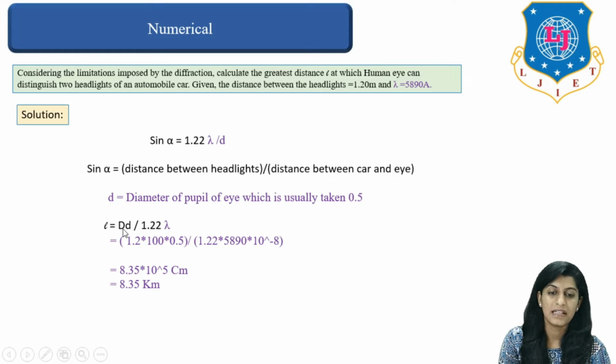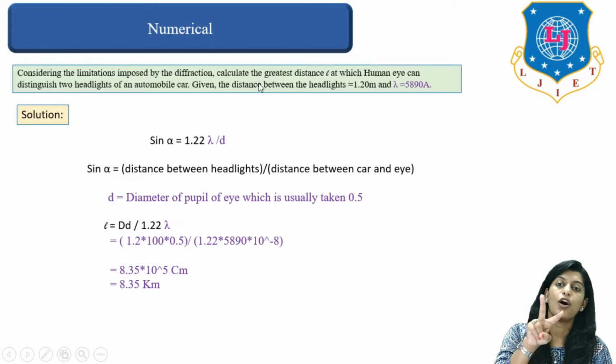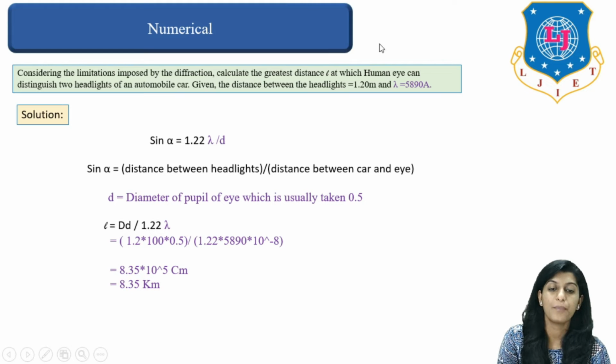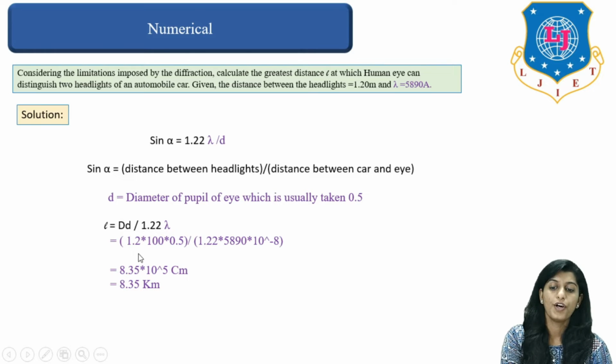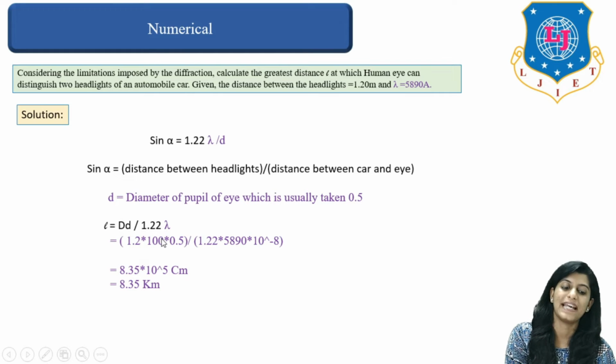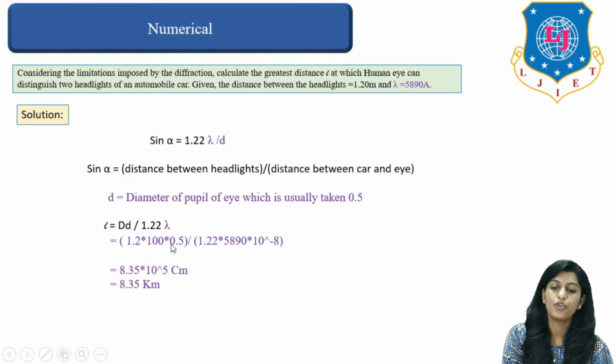This capital D is distance between the objects which you need to distinguish. So it is 1.2 meter, right? We need to convert it into centimeter. So we will use 1.2 into 100, so that 1.2 meter is converted into centimeter, into 0.5.